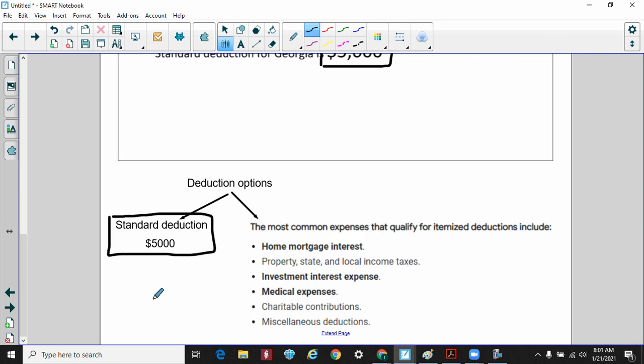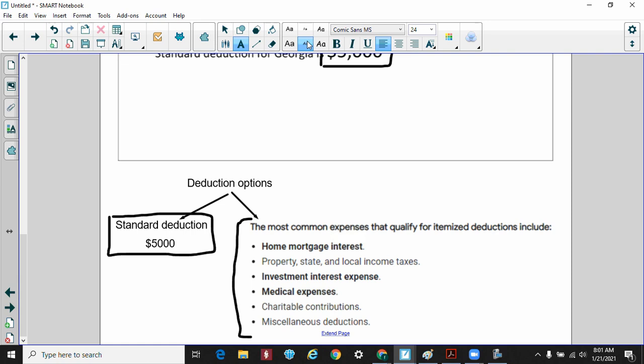Now you might be saying, I think I might have spent more than $5,000. So you can go through what is called an itemized deduction, where you go line by line: how much home mortgage interest, let's say you spent 2,000 on that. Property state taxes, let's say 2,000. Investment, you spent 1,000. Medical expenses, maybe you had a bad year, there's another 2,000.